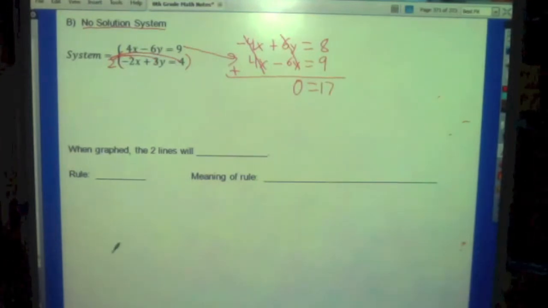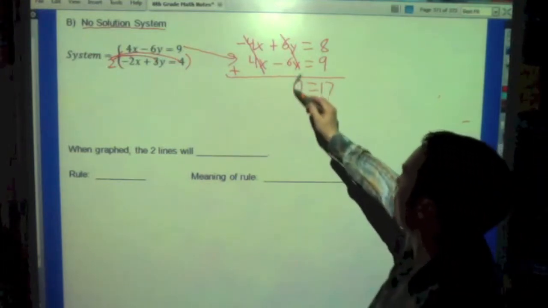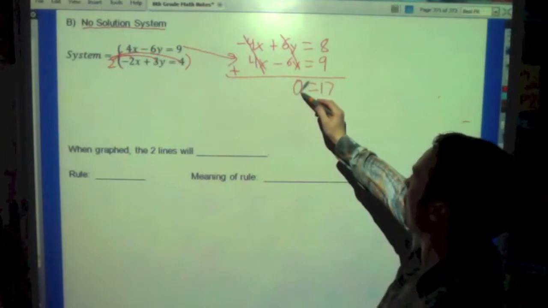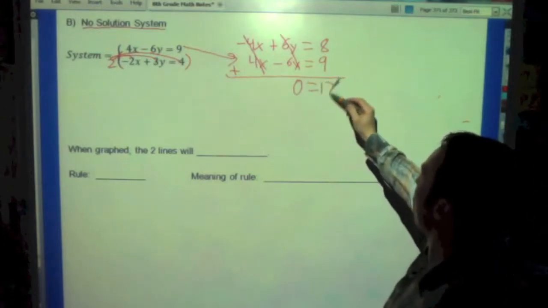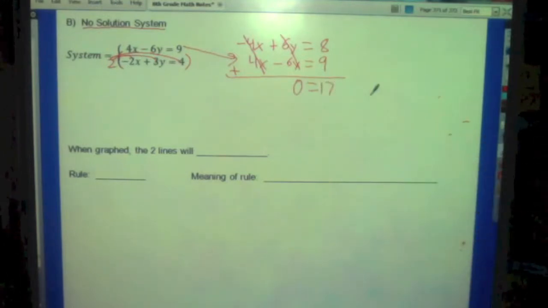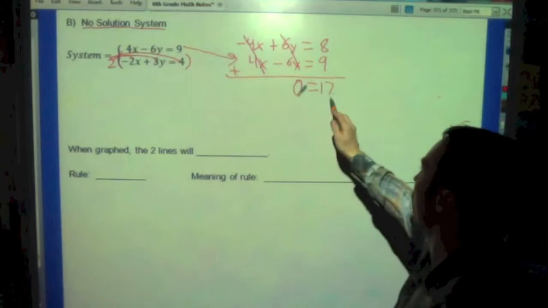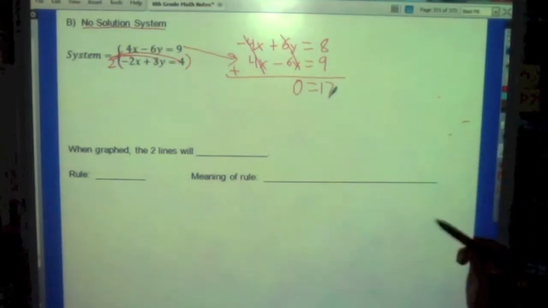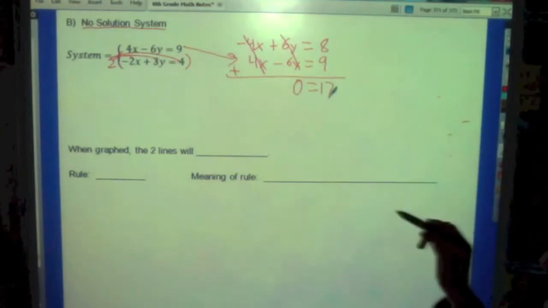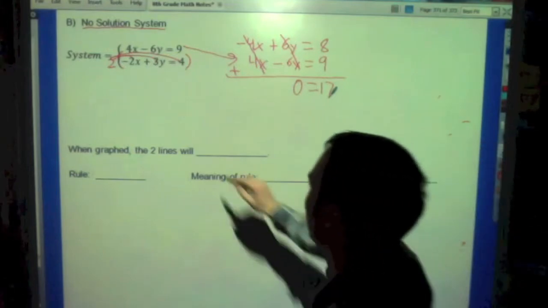So if this happens, where our x's and y's cancel out, so we're left with 0 on one side, and then we're left with a different number on the other side. If you get an equation where the answer is 0 with a different number on the other side, like this one, what happens is that these lines are parallel.